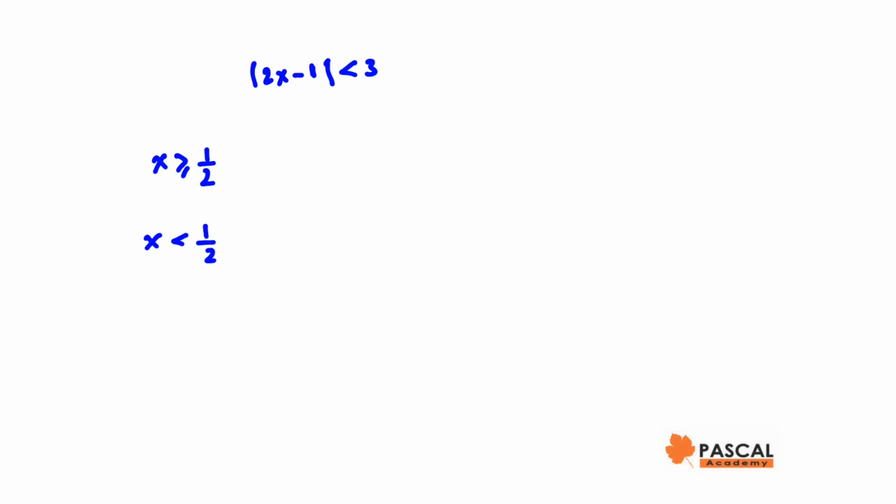If x is greater or equal than 1 over 2, absolute value of 2x minus 1 and 2x minus 1 are the same. Therefore, we have 2x minus 1 is smaller than 3, which means 2x is smaller than 4, x is smaller than 2.